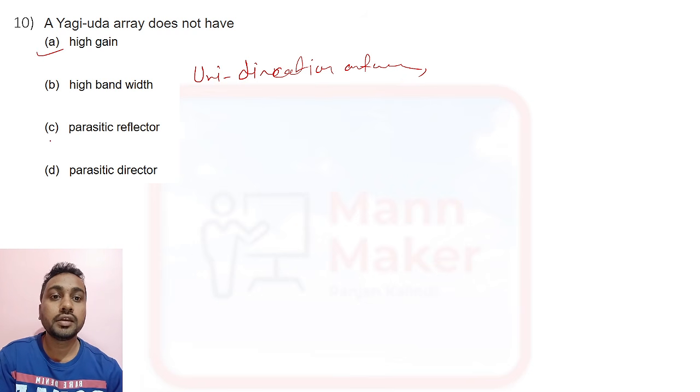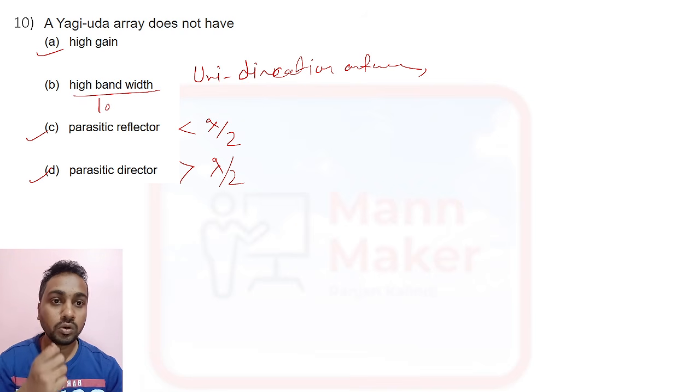It has a parasitic reflector that is less than lambda by 2, and it has a director that is greater than lambda by 2. Okay, but it doesn't have high bandwidth. It has low bandwidth.